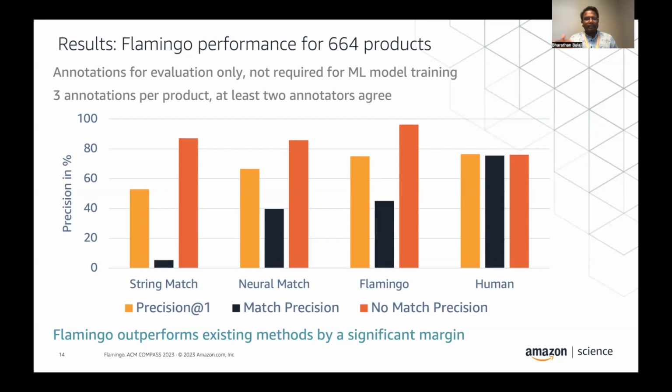Flamingo includes that no match based on the intermediate HS layer, whereas we use thresholds in the case of string matching and neural matching. The human performance is still higher than Flamingo, especially when finding an appropriate match when one exists. And this can be an avenue of further improvement in future work.